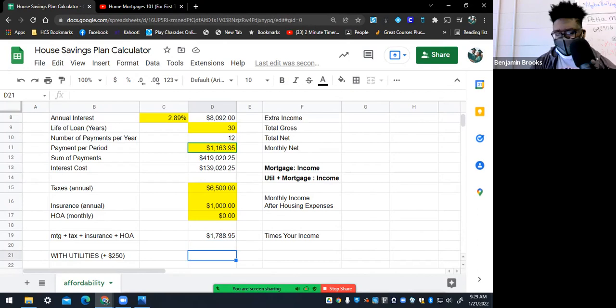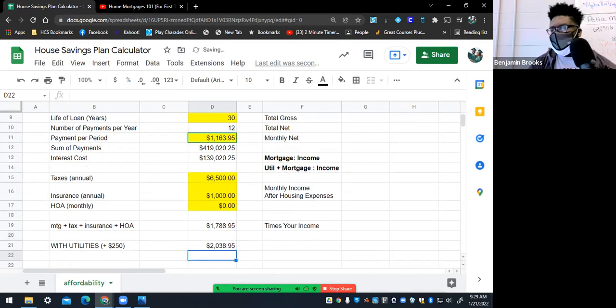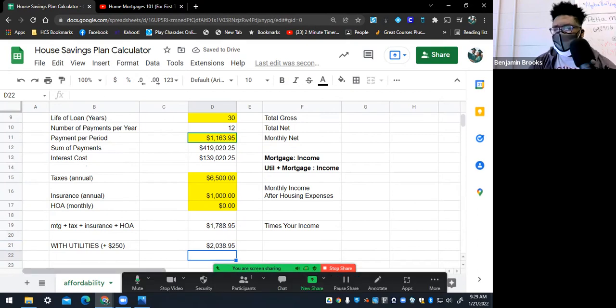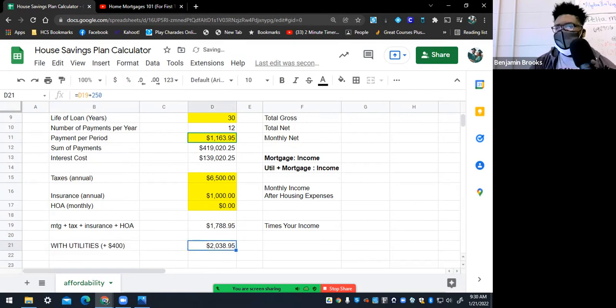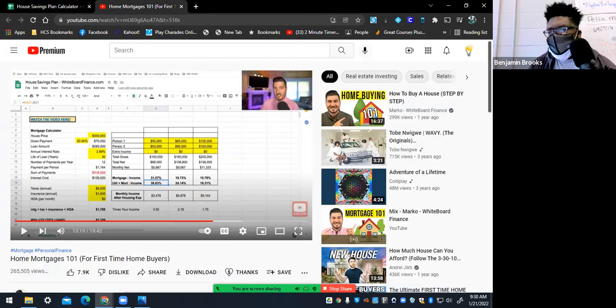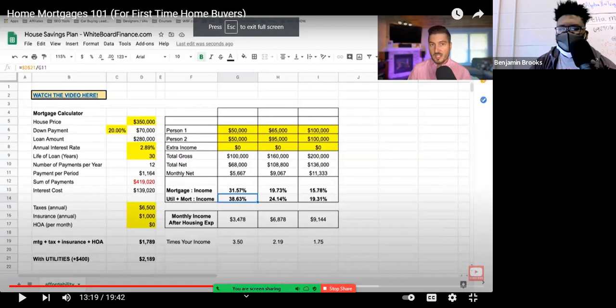If utilities are 250, for example, we just say equals this plus 250, and then you get a full idea of how much you're paying for housing. If you thought your utilities should be $400 a month, just go back in here and change this to 400. Everybody cool with that? I think he used 400, and you can see I'm getting the same numbers as he did.